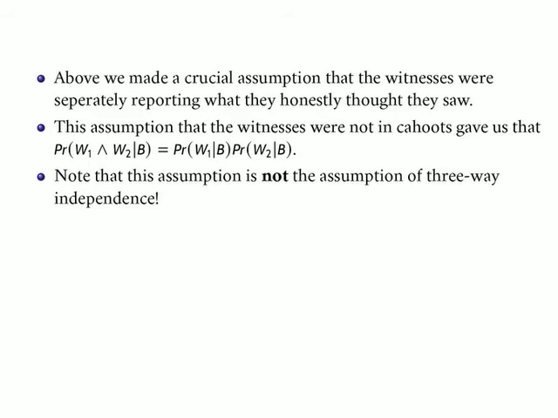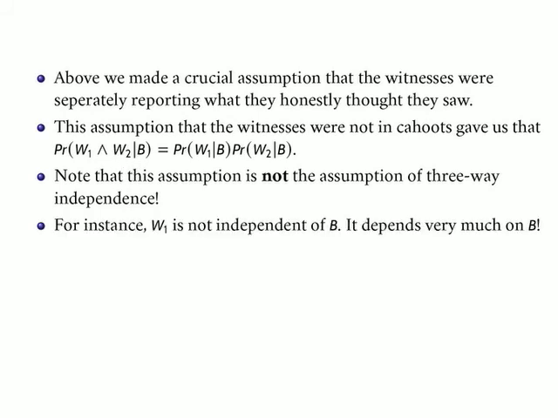And I want you to note one thing, which is that this assumption is not the same as saying that W1 and B are independent, and W2 and B are independent, and W1 and W2 are independent. So when we're assuming that the witnesses are not in cahoots, we're not assuming that each of these three propositions are independent of each other.